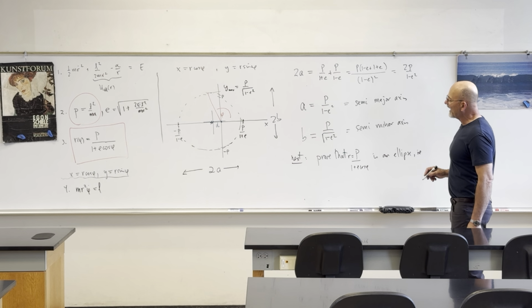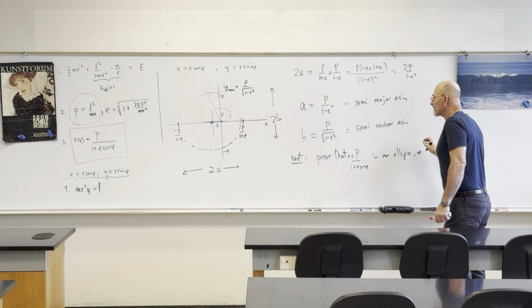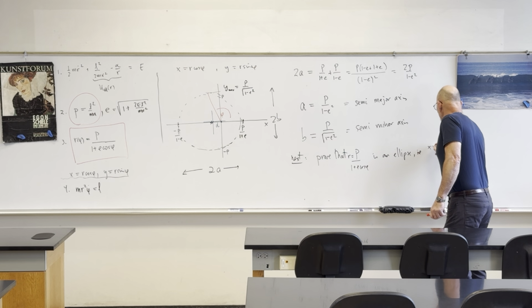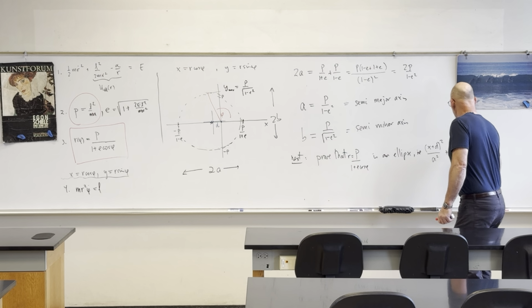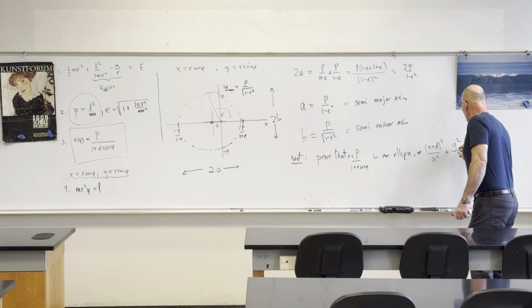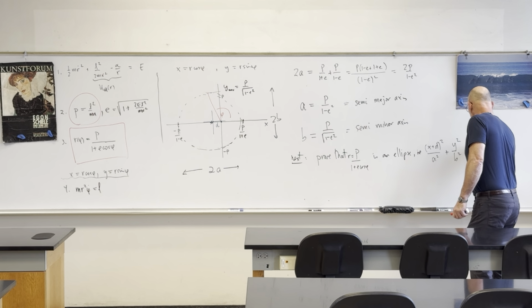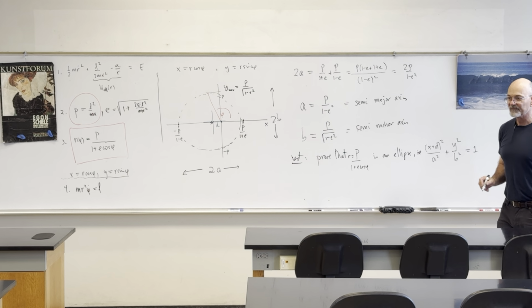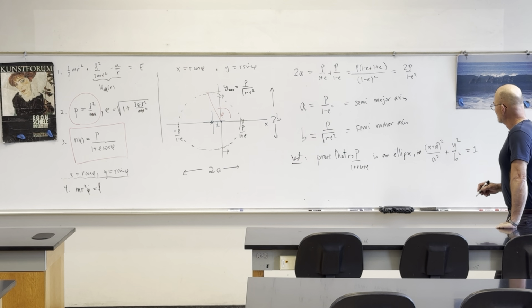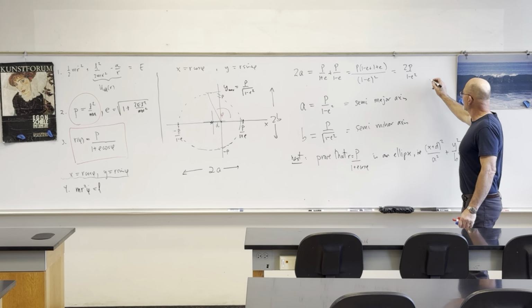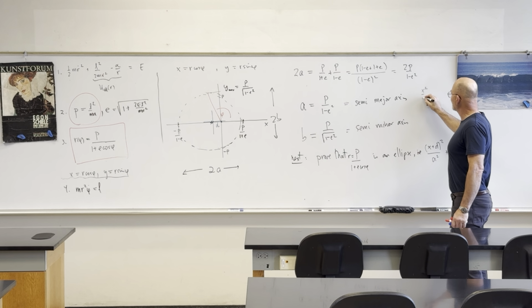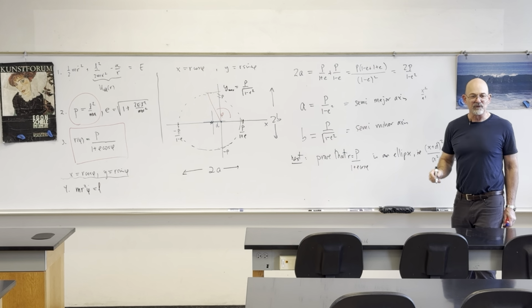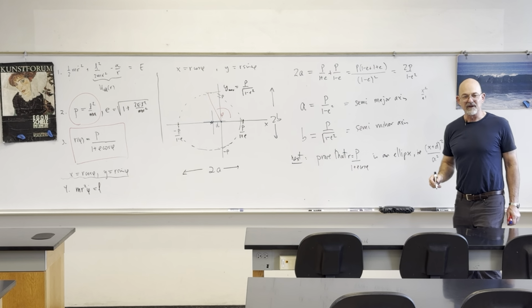Because then we can say x plus d, squared, over a squared plus y squared over b squared equals 1. You guys are familiar with x squared over a squared plus y squared over b squared equals 1 as the equation of the ellipse.